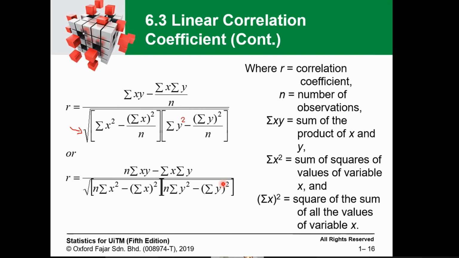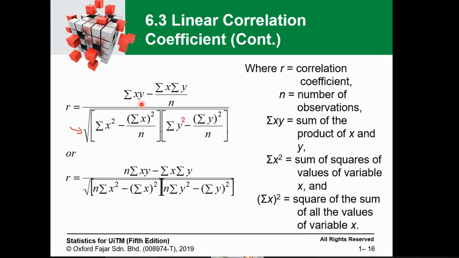I don't know why I cannot write here. So this is our equation to calculate the Pearson. As we mentioned, Pearson comes with this small letter r, and this is the equation. This is the sum of x multiplied by y. By the way, x is our IV values, y is our DV values.